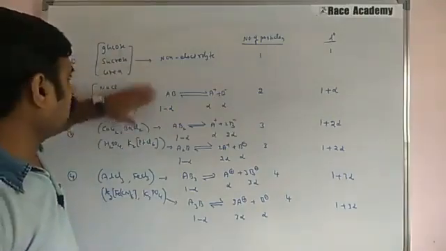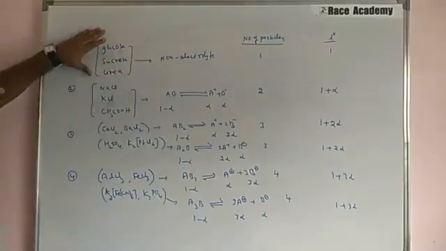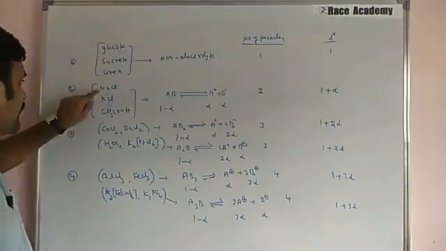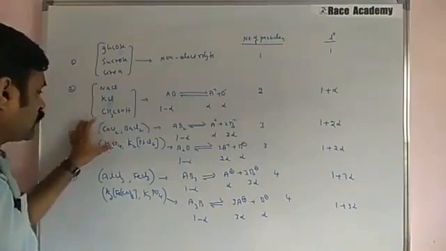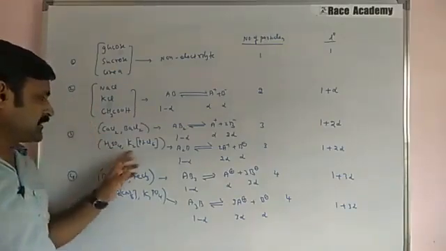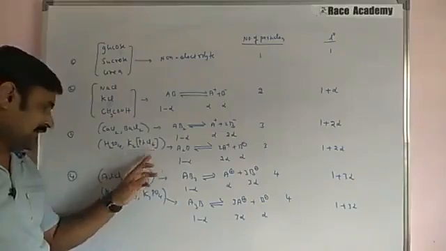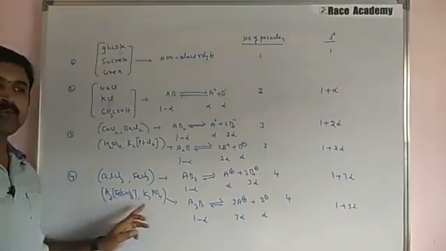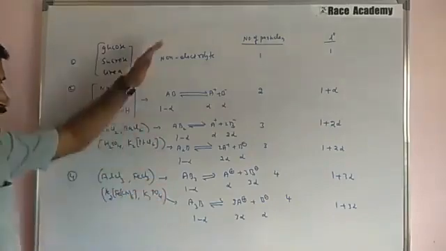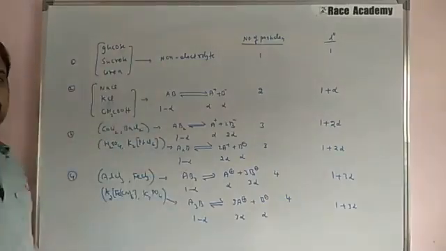First we observed non-electrolytes, and now sodium chloride, potassium chloride, acetic acid, calcium chloride, barium chloride, sulfuric acid, potassium hexachloroplatinate, aluminum chloride, ferric chloride, potassium ferricyanide, potassium phosphate. All these come under electrolytes.